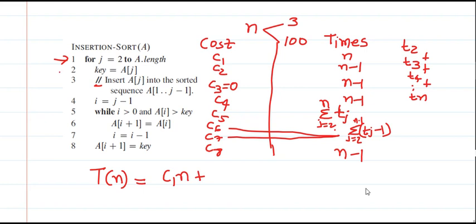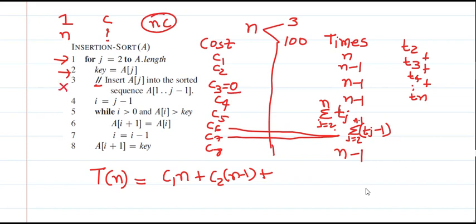So C1 into n plus, for line 2, C2 into n minus 1. For one execution we require C amount of time, so for n executions or n minus 1 executions, the amount of time required is n into C.